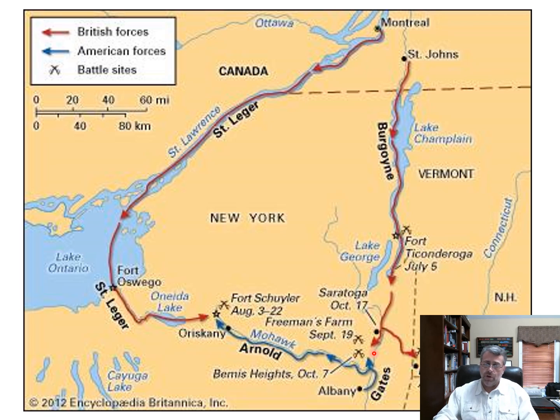So if we just look at this battle by itself, out of context, it is a significant victory for the Continental Army. But when we look at it in the context of the overall picture, it's even more significant, because up to this point, France had been unwilling to consider an alliance with us because they didn't feel we had a chance of winning this war.